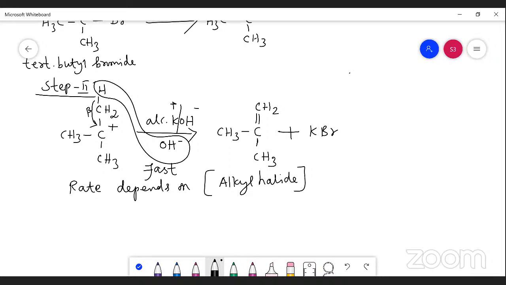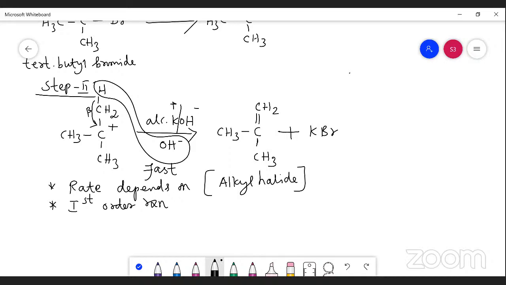So in E1 elimination, the rate of the reaction depends on only one species, the alkyl halide. So it follows a first order reaction. The rate depends on the concentration of only one reactant, so it belongs to the first order reaction.